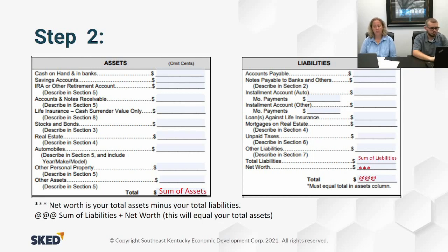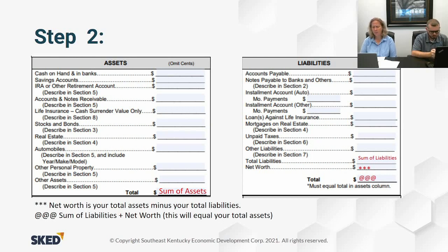Accounts payable. These are, do you owe money to someone, but we're not going to put credit cards here. We're not going to put loans. We're not going to put houses, things like that. We're just going to put things that don't fit in the other categories.